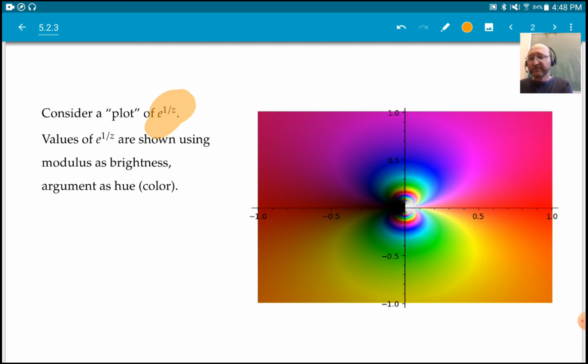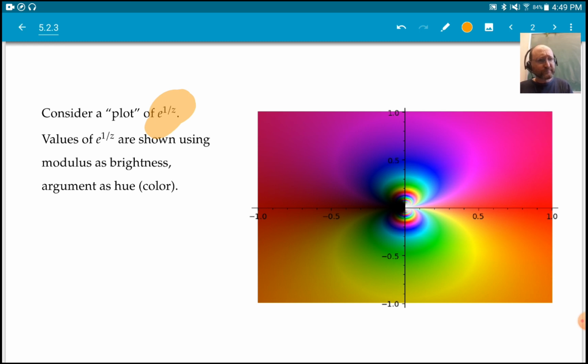Completely dark or black is 0, and then it goes to completely bright, which is just white, brightness at full blast. So that's infinity. That's giving you the modulus.